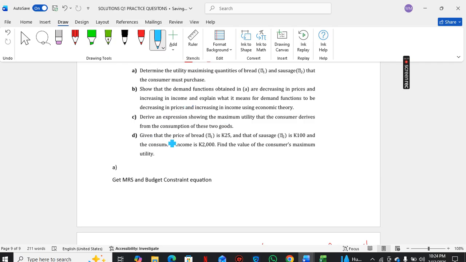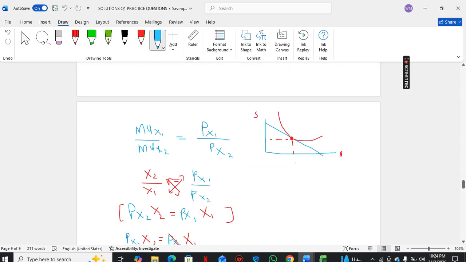And I've said, given the price of bread, x1, is 25 kwacha, the price of sausage, x2, is 100 kwacha, and the consumer's income is 2,000. Find the value of the consumer's maximum utility. So x1 25, x2 100.